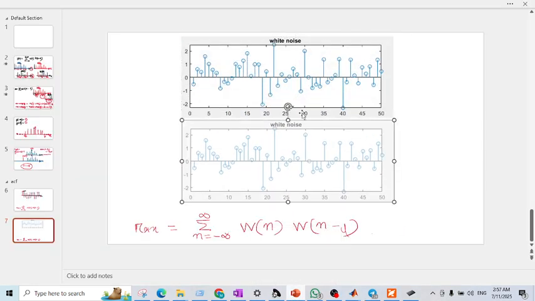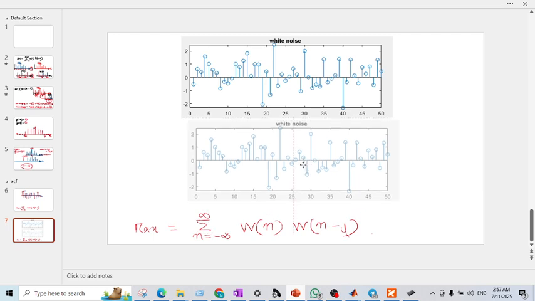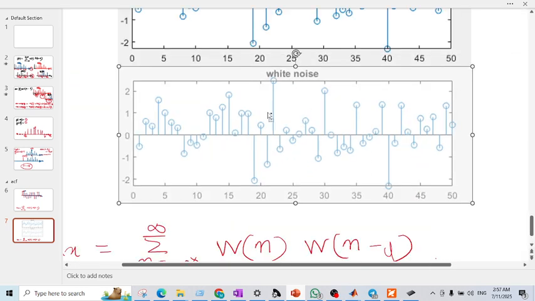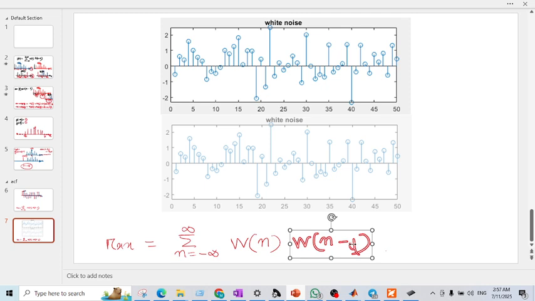So I have a white noise, and the same white noise here; I have made this picture transparent. Can you see this picture? And the formula for the autocorrelation of white noise looks like this. Let's first take L equal to 0.